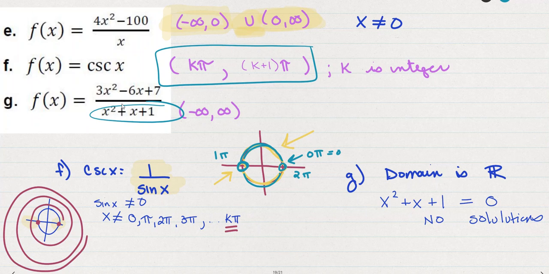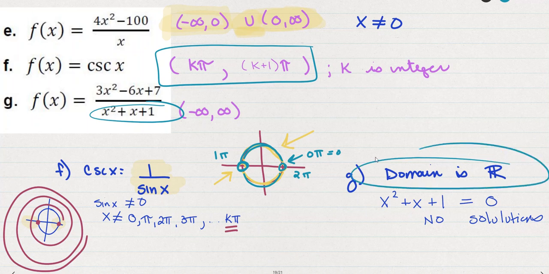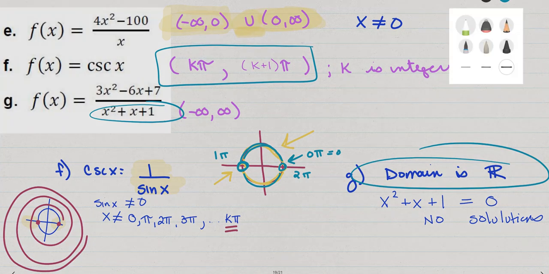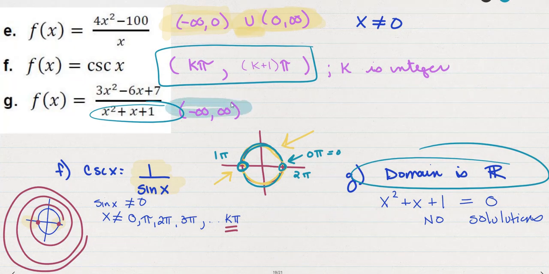The denominator is never 0. So it means that the domain is all real numbers, or to answer our question, determine the interval on which a function is continuous. It's continuous from negative infinity to infinity, because there's no hole or jump or any other kind of problem.